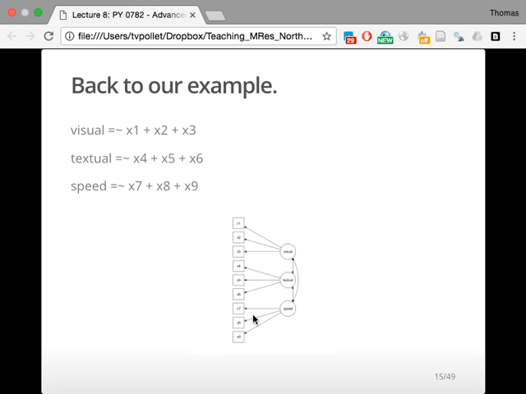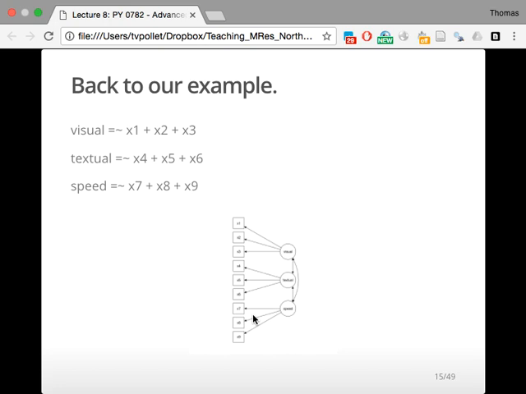But by default, it will model all the things. These three lines will model that. So visual is what we call our factor, and that's the denotation for a factor: x1 plus x2 plus x3, then textual, and then speed. So that will give you that model.